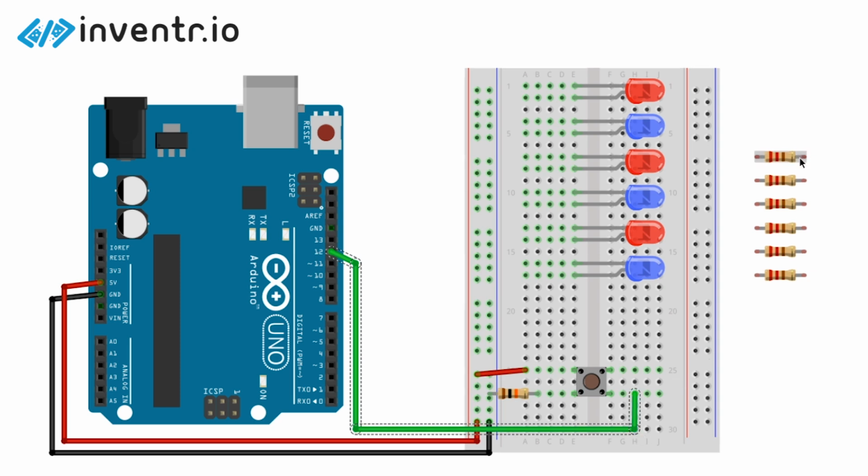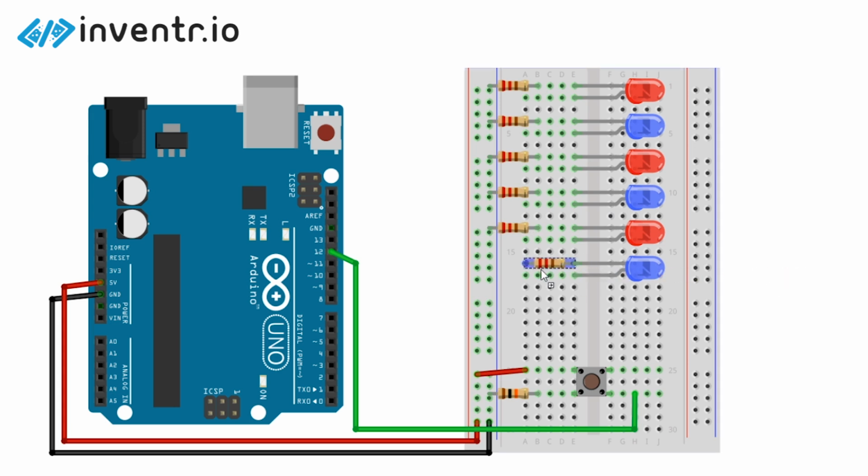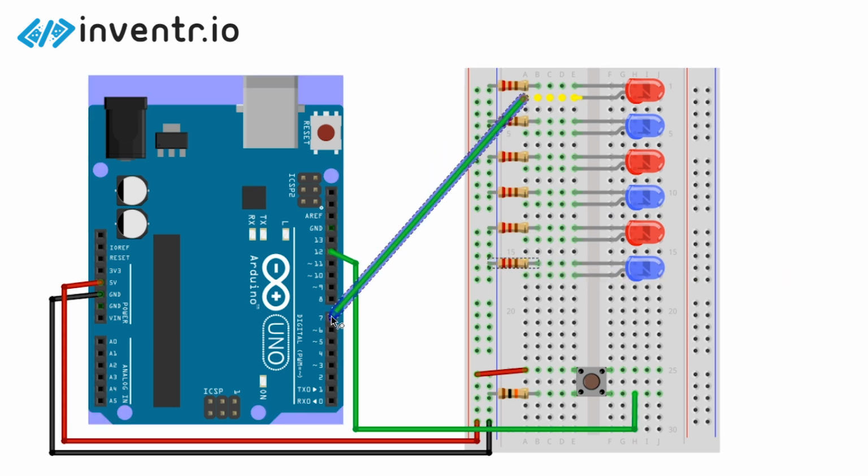Next, we've got all of our LEDs here. I'm sure you guys know the drill by now. Our resistors in there. These are all 220, I'm not going to mark them, you guys know. This goes up to 7.